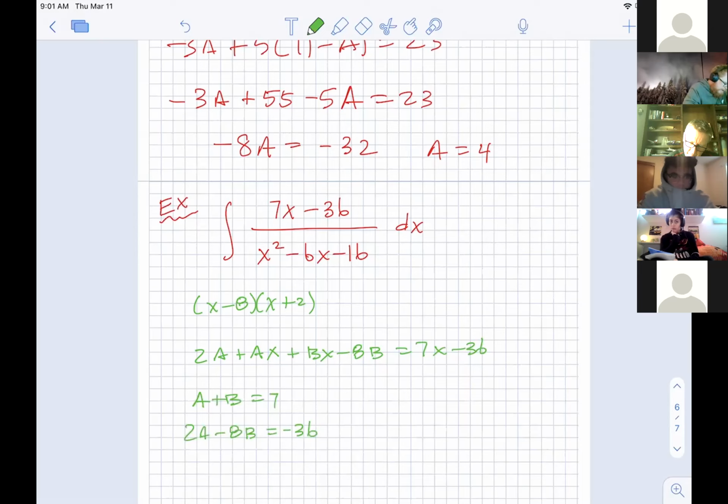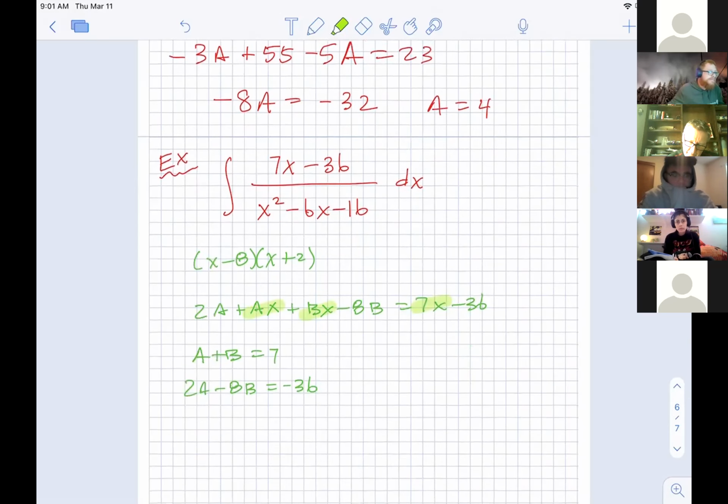So Doug, that's kind of where I got stuck. How do you know that A plus B equals 7? Because you have AX plus BX, those are the only X terms. Oh, okay. Thank you. Good question. Where did that 2A come from?